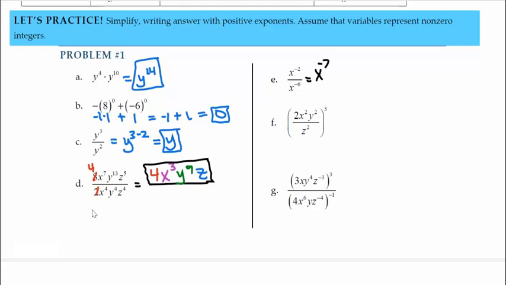So I'm doing -2 minus a -6. And this is usually the part where people make mistakes. It's just forgetting that you're doing minus a -6, which is really plus there, right? And so then I end up with x to the 4th. -2 plus 6 gives me 4, so x to the 4th.